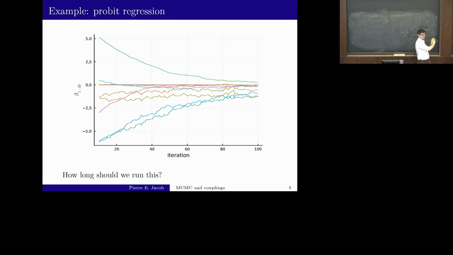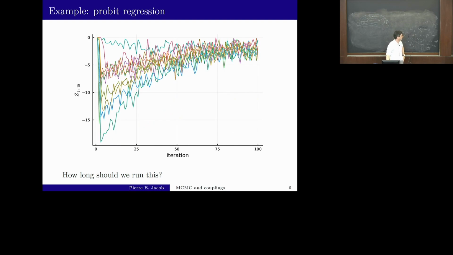They don't like things that are transient. Okay? So the big question we're going to try to address tomorrow and after tomorrow is how long we should run this. Today, we'll try to assess this more theoretically. This is some of the Zs also that are looking like maybe they're stabilizing after 100 steps. This is just the first 10 Zs, but there are 12,000 of them. So it's hard to look at all of them.